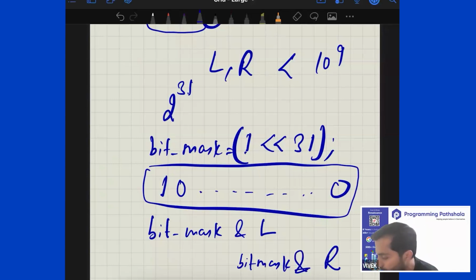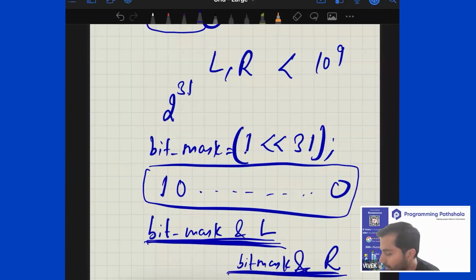If this particular value is 1 and this particular value is also 1, that means at the 31st bit L has 1 and at the 31st bit R also has 1. So everything would be 1, 1, 1, 1, 1, right?